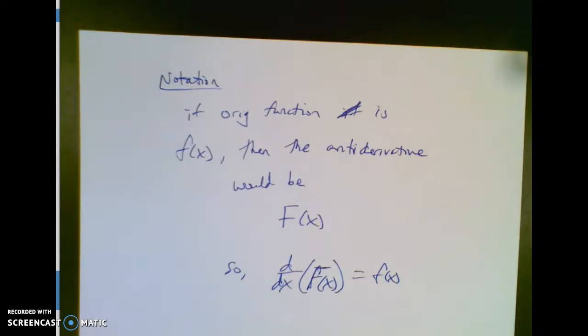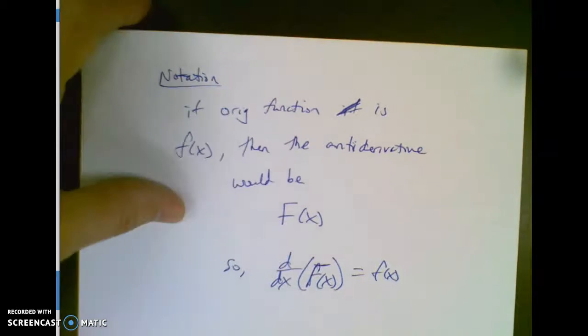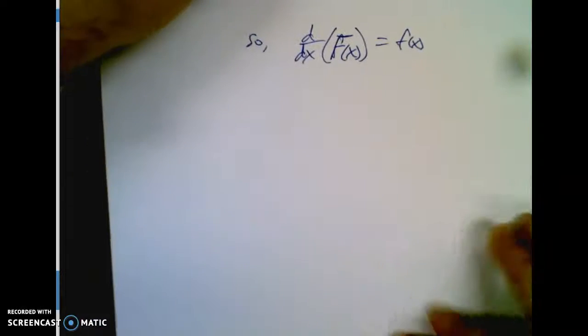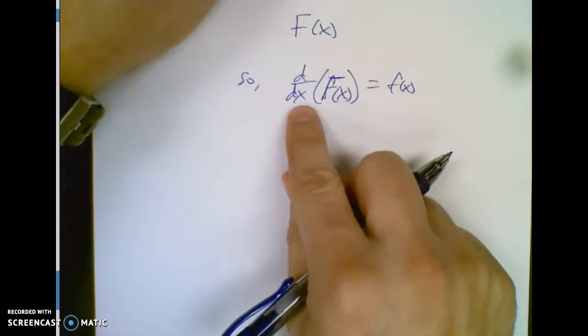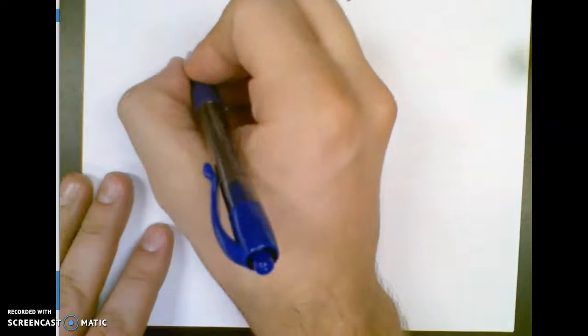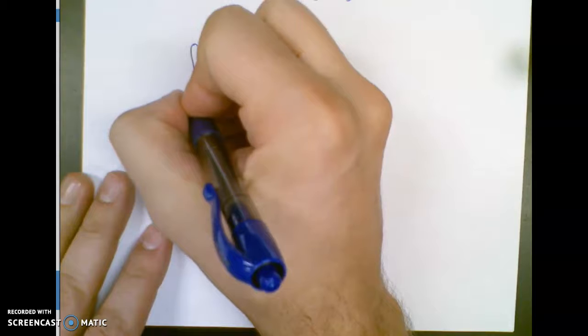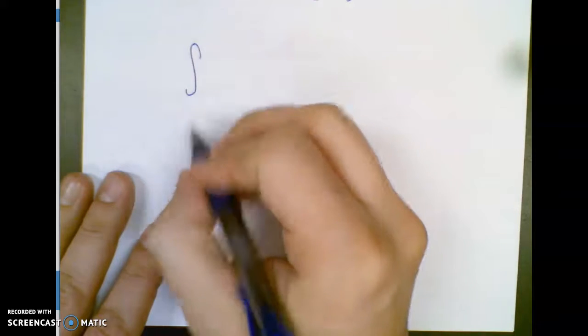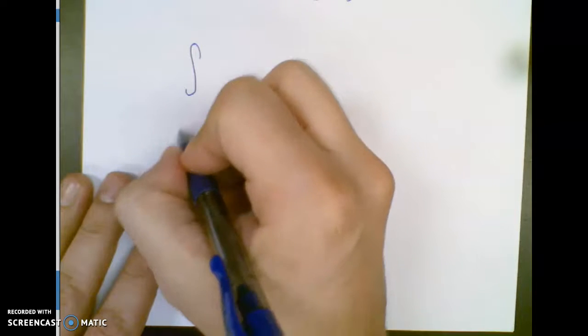So that's just a little notation for you. A little more notation while we're in the wheelhouse here. You know how d over dx tells you to take a derivative? What symbol tells you to do an integral or an antiderivative? Kind of similar. This symbol, this is called the integral symbol.